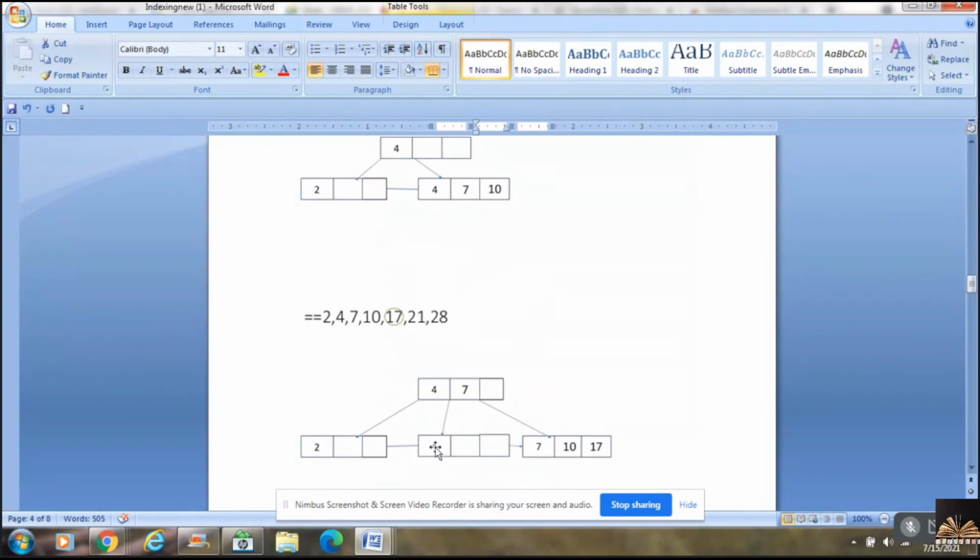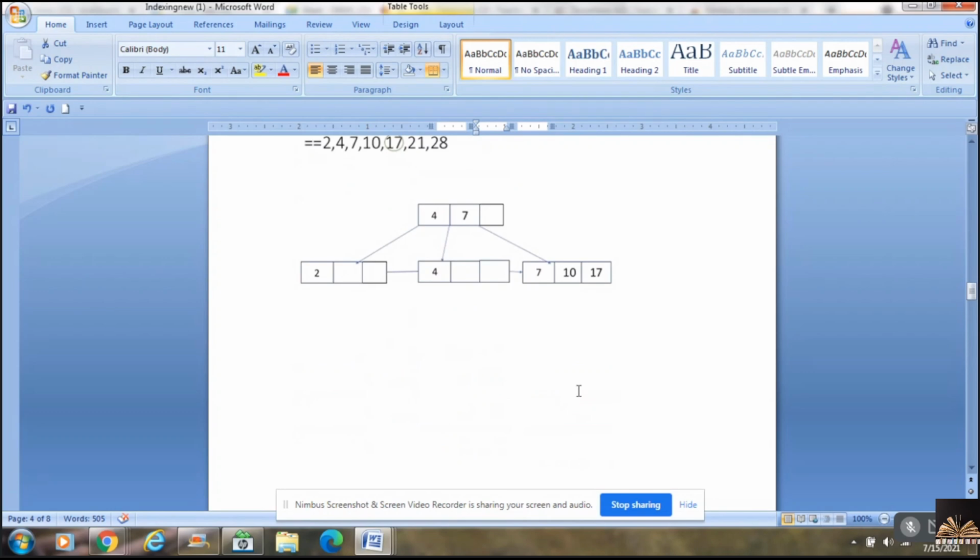Next, since 7 is going up, I am redistributing 7 into its proper position. 7 is greater than or equal to 7, so this is 7 over here. 10 is existing here, and now 17 is placed here. So this is the structure of the tree after I insert the value 17.